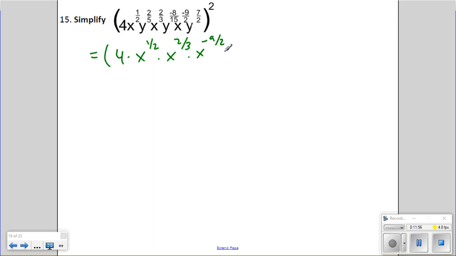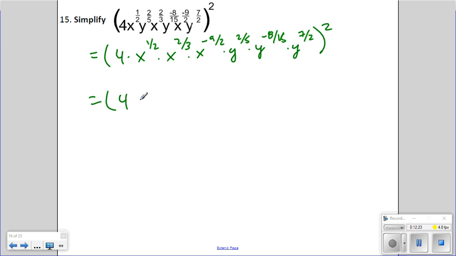And then I have times y to the 2/5 times y to the negative 8/15 and also times y to the 7/2. So again, all I did was rearrange and put the like bases side by side.